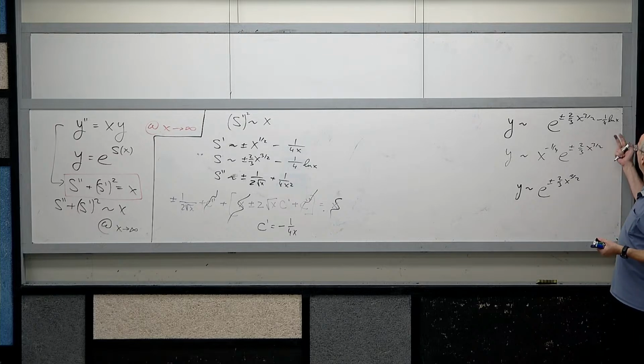So was it true or not true? Not true. ln x is not going to 0 as x goes to infinity. It's very small, it's logarithmic, but it's not going to 0. So to write this was wrong, and now we have a better approximation.